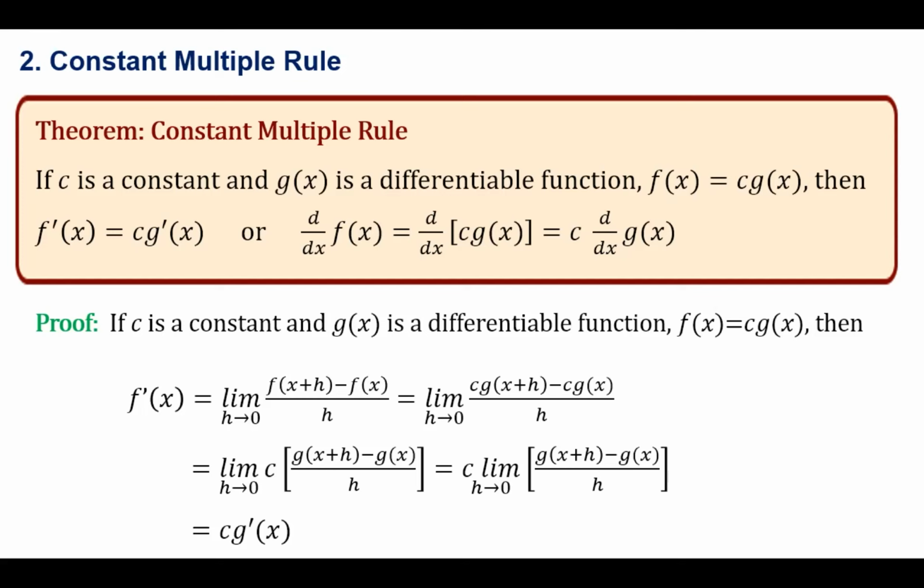So that's actually the derivative of g(x) at any point x. Therefore, that equals c times the derivative of g(x), right? Therefore, we have proved f prime x equals c times g prime x. Any questions? Okay, so basically we can prove this theorem using the first principle definition, right?